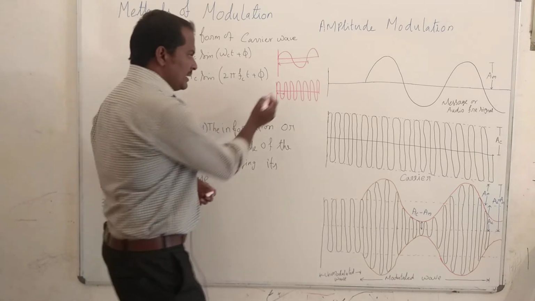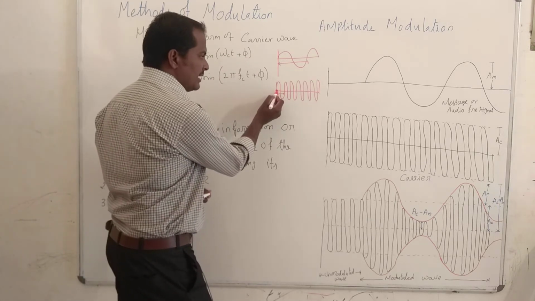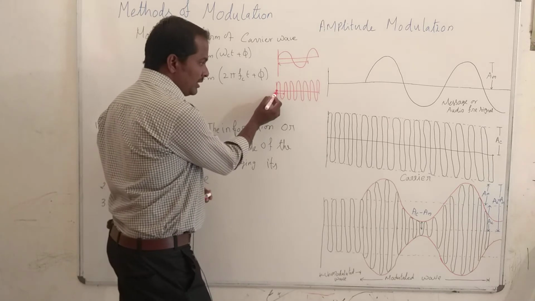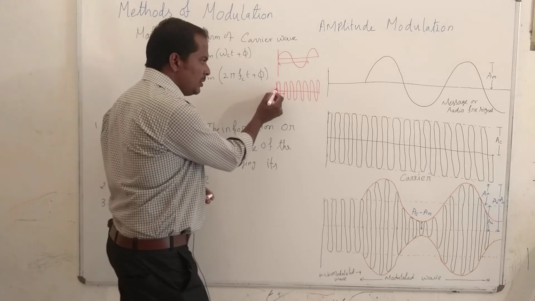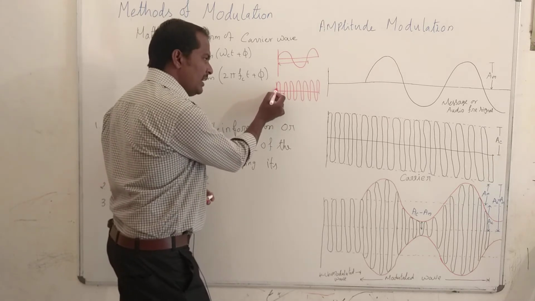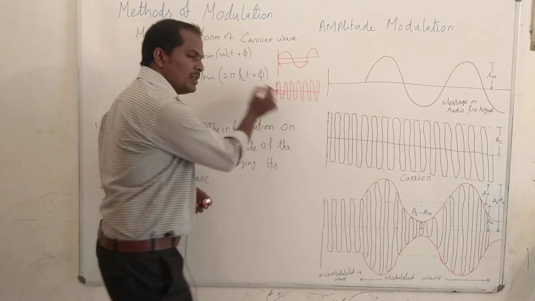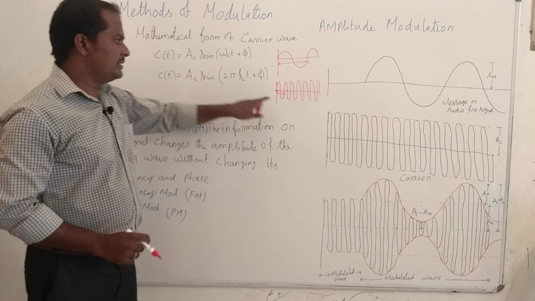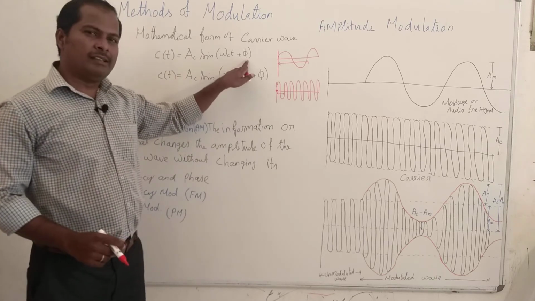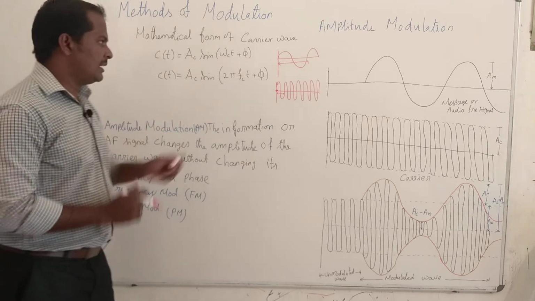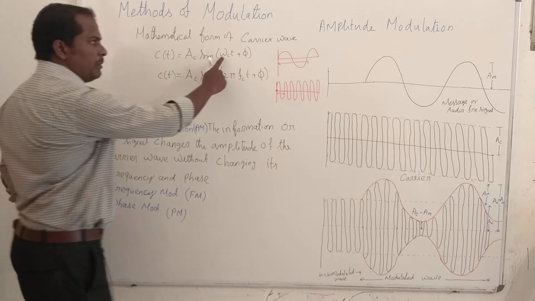The wave may start at 0, or it may not start at 0. It may start at a particular angle. This starting angle is called phi, the phase angle. Then what is omega c?